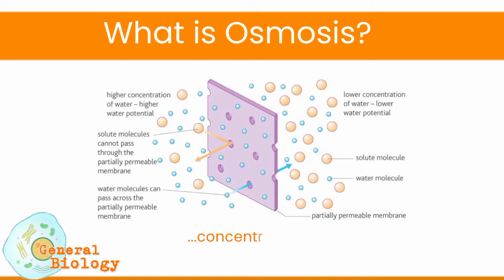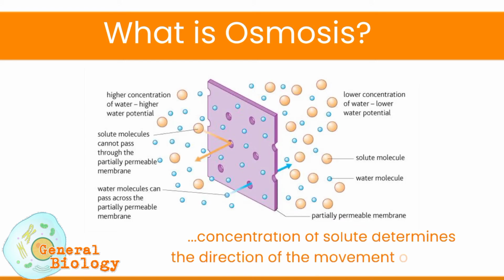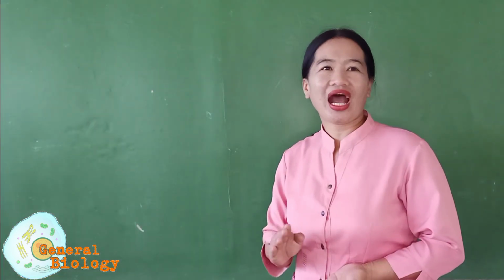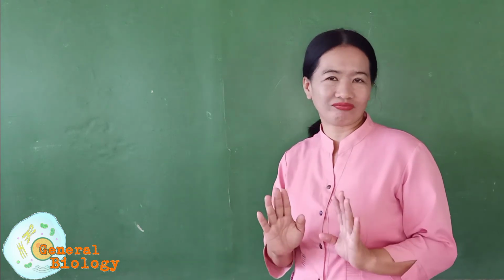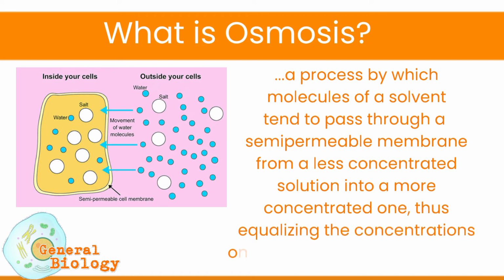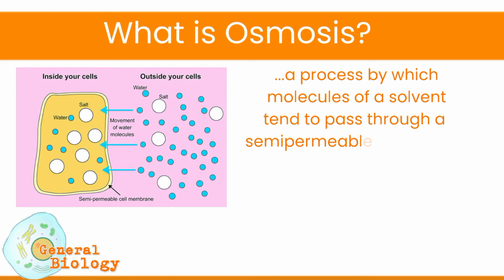However, it is the concentration of solutes within the water that determine whether or not water will be moving into the cell, out of the cell, or both. Osmosis occurs when there is an imbalance of solutes outside of a cell versus inside a cell.